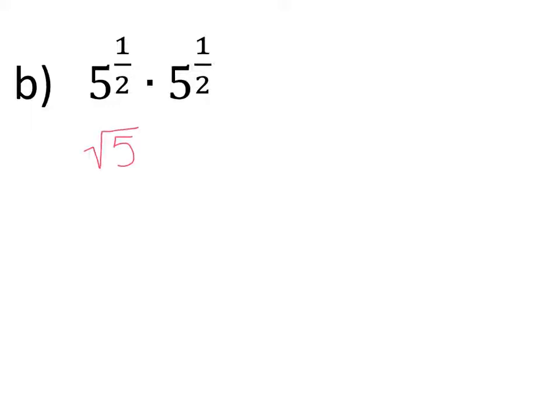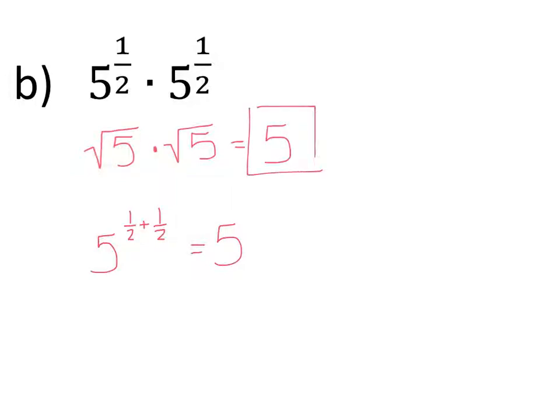Square root of 5 times square root of 5 equals? 5. Or we could have added the exponents. So it would have been 5 to 1/2 plus 1/2. What's a half plus a half? 1. A whole, yeah. Either way, you get the same answer. Okay.